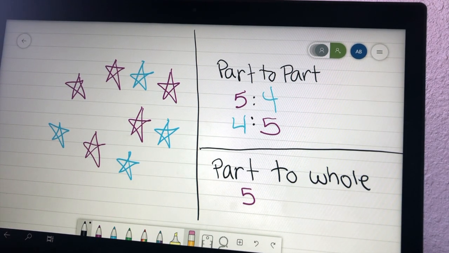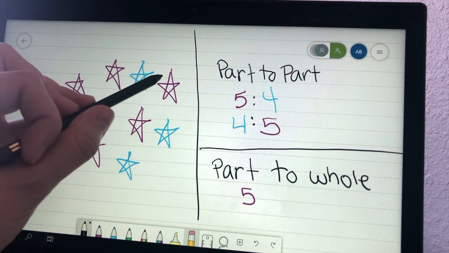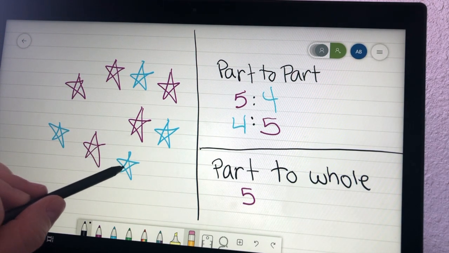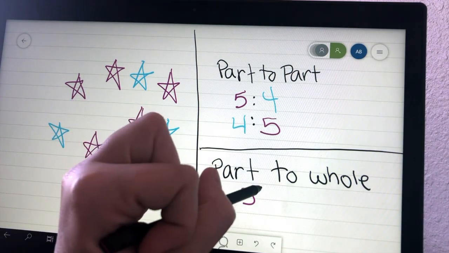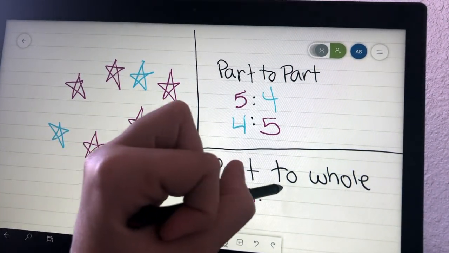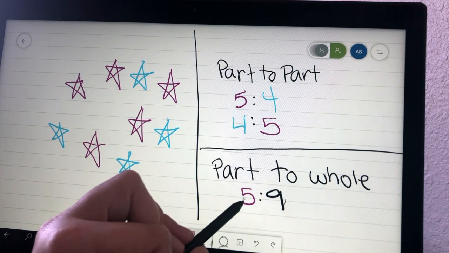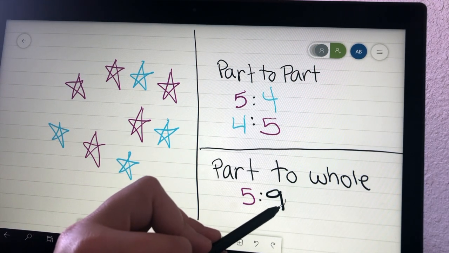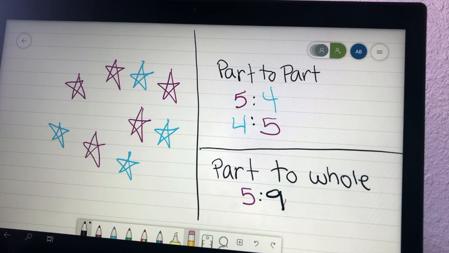And I'd have to figure out how many stars I have in total. 1, 2, 3, 4, 5, 6, 7, 8, 9. So that means I will have 9, 5 purple stars for 9 total stars.